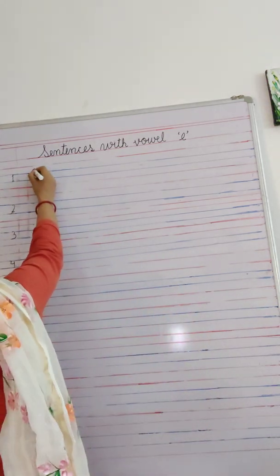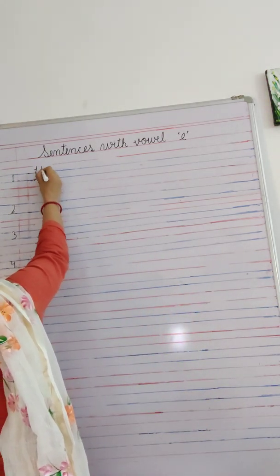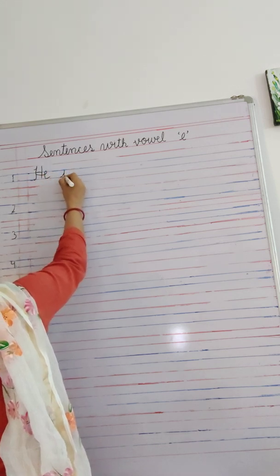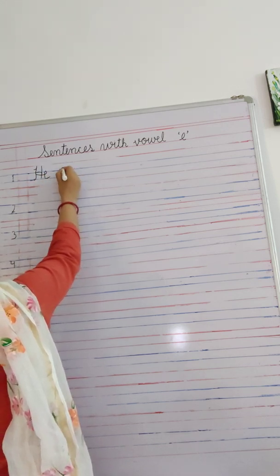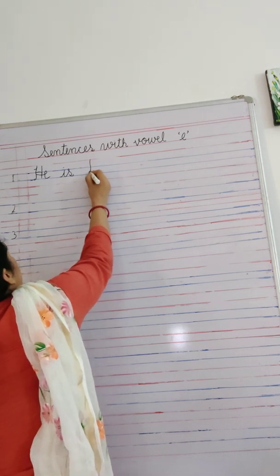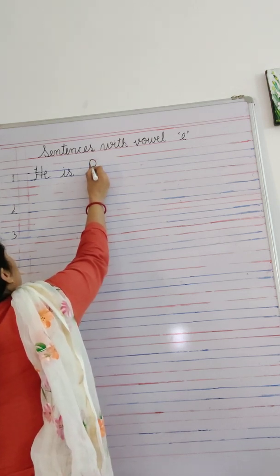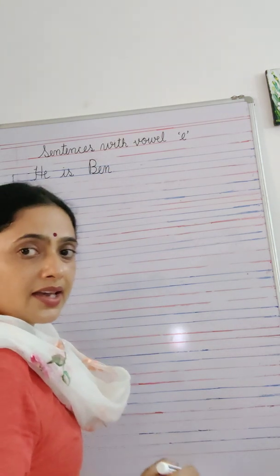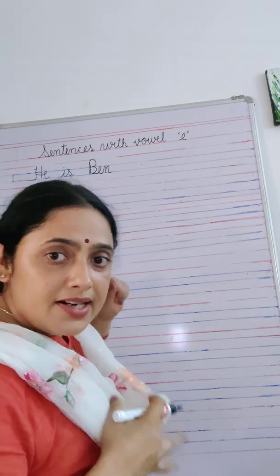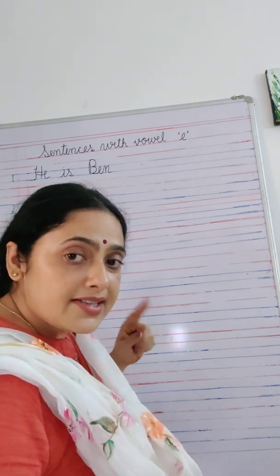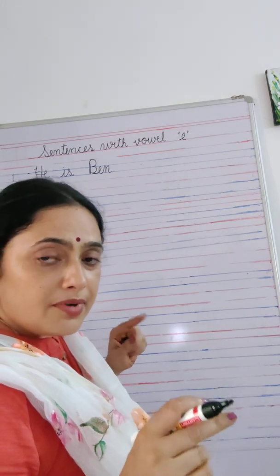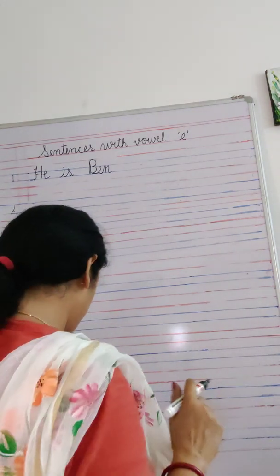He is Ben. Because Ben is a name, the B will be capital. Otherwise, we don't write a capital letter in between the sentence, but because Ben is a name, the first letter of a name will always be capital.